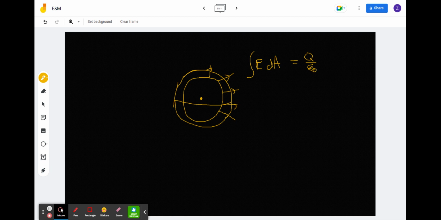But if we pull out our E and then integrate our dA, we're going to be left with E times the surface area of the sphere, which, if you know geometry, is just E times 4 pi r squared.